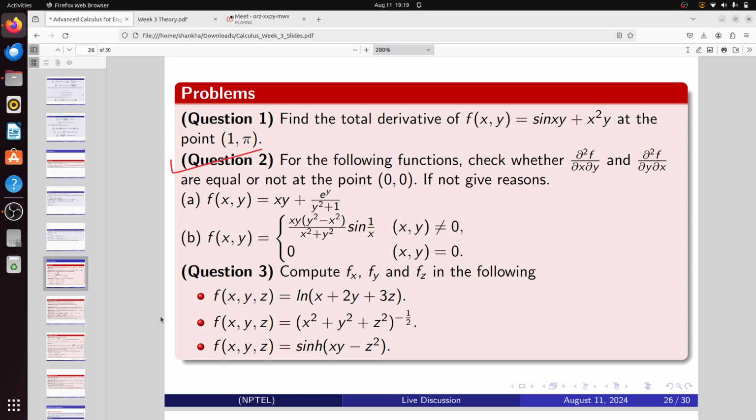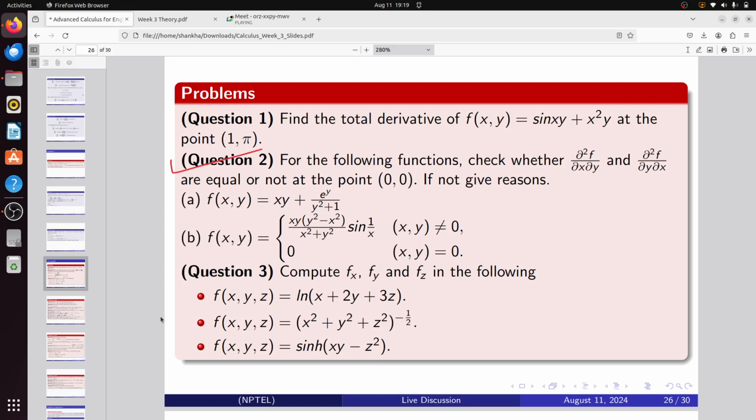What is the expression of sinh x? Sinh x. Sinh x means (e^x − e^−x) divided by 2.